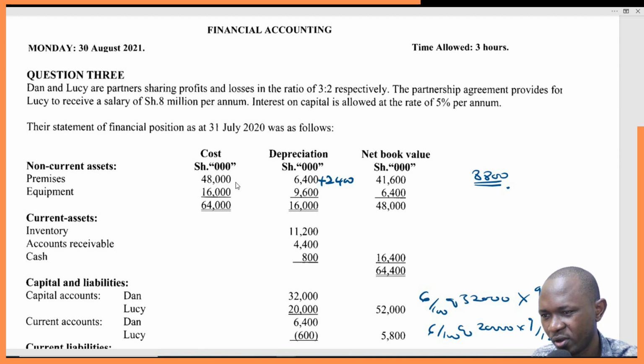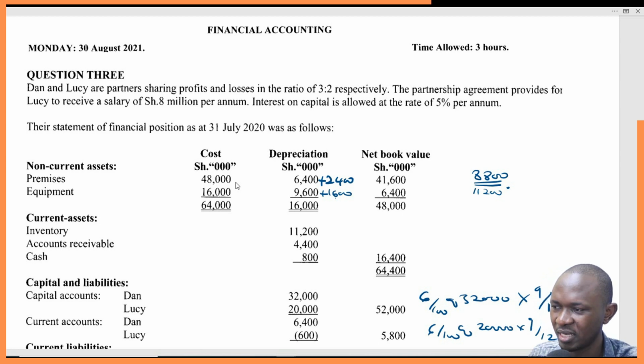So 10% of 16,000 is 1,600. So we take 1,600 for this year plus what has accumulated, which is 9,600 over time. This will give us 11,200.